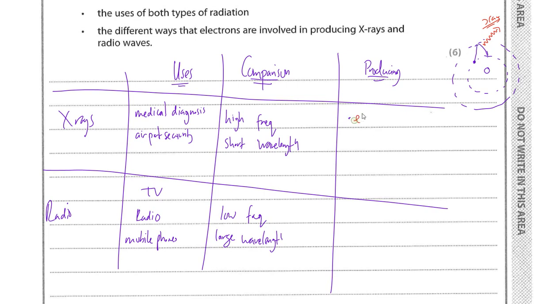Electrons in a lower energy level or shell absorb energy and move up a level, then turn back.